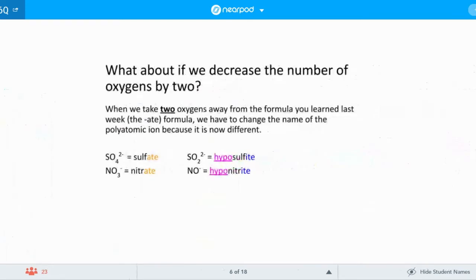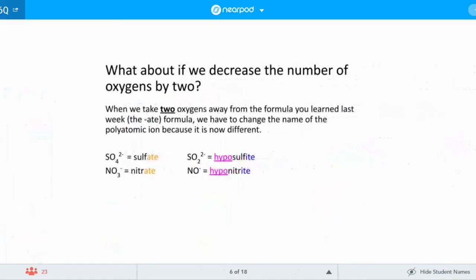So here we're looking at the same two examples again. We've got sulfate and nitrate, the polys that we've been working with. If we take 2 oxygens away from sulfate, we now have a new polyatomic ion known as hyposulfite. So we still have that ITE ending that we were looking at on the previous slides, but now we also have to add in a prefix, hypo.